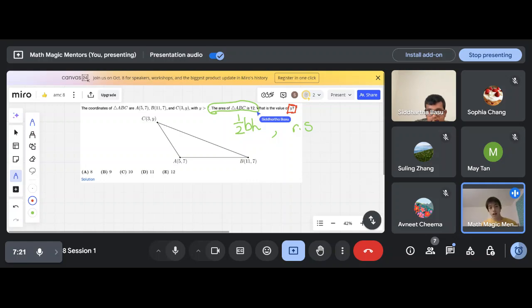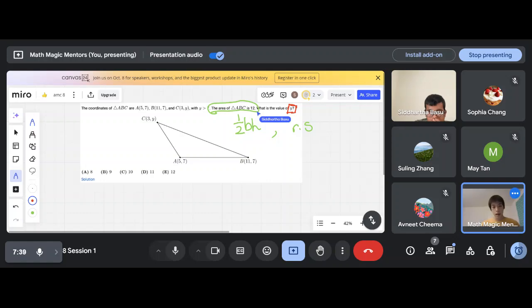So in our example here, we have three coordinates, and usually with three coordinates, there are a few ways to approach this.